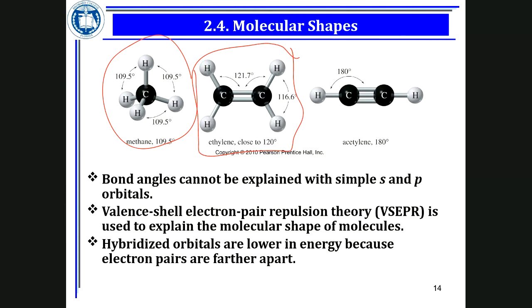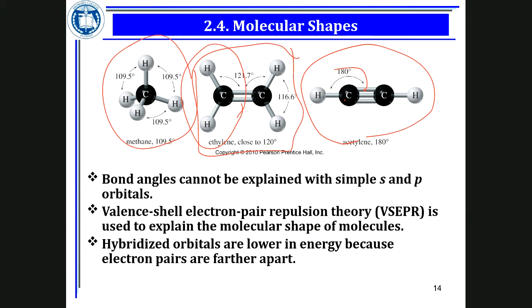So these are the shapes. If you have only 2 hybrid orbitals for the carbon, you would get a 180 bond angle. If you have 3 hybrid orbitals for each carbon, you would get a bond angle of about 120. And if you have 4 hybrid orbitals, you would get 109.